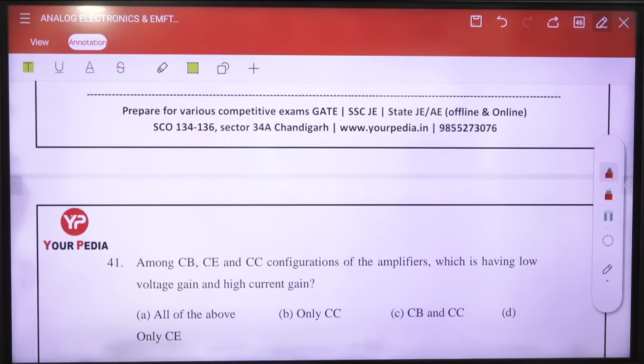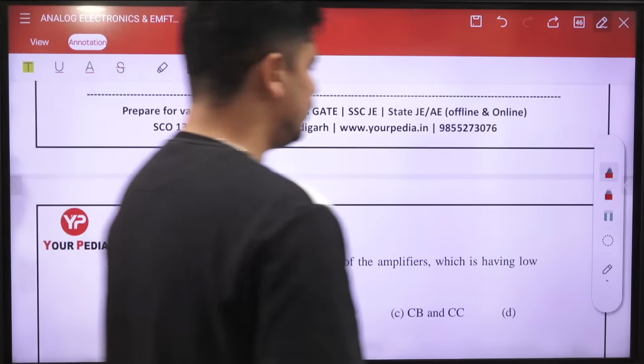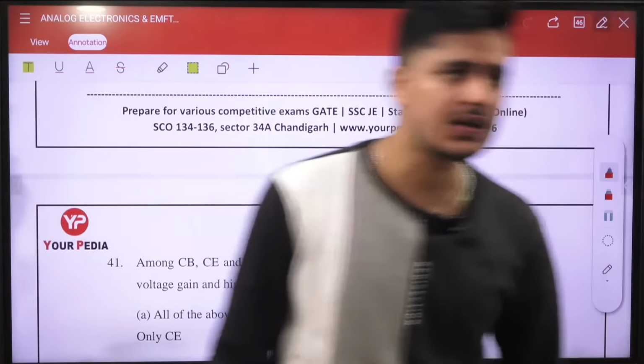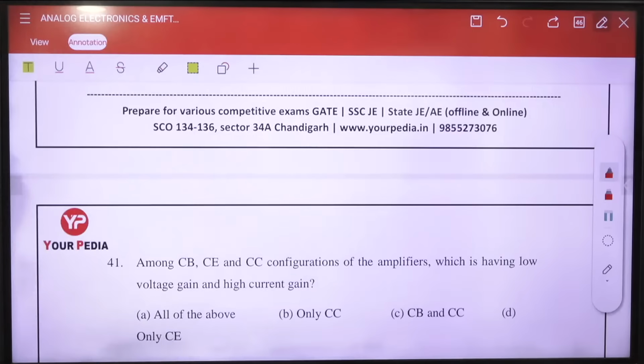Amongst common base, common collector, and common emitter amplifier configurations, which has low voltage gain and high current gain?